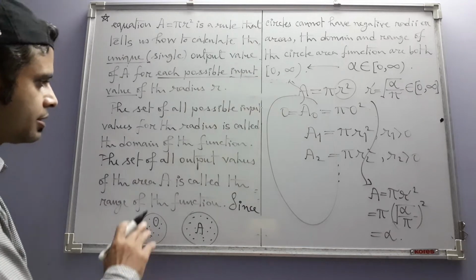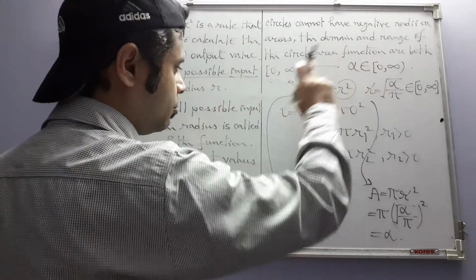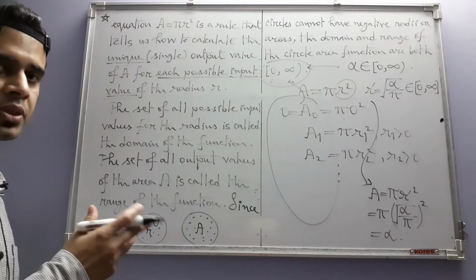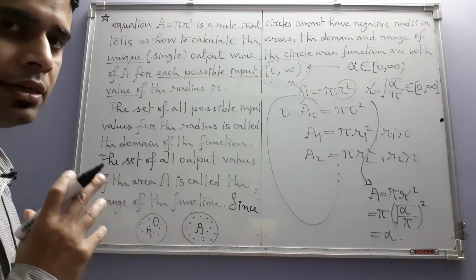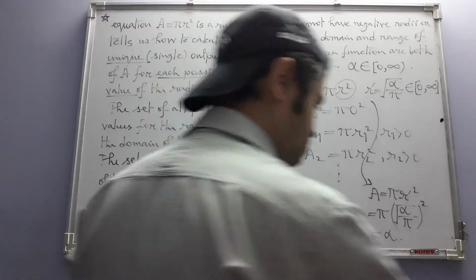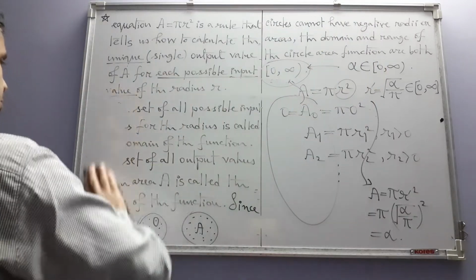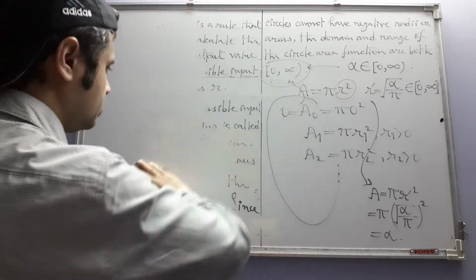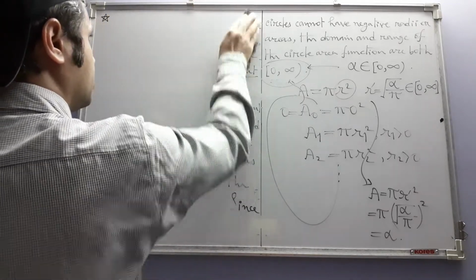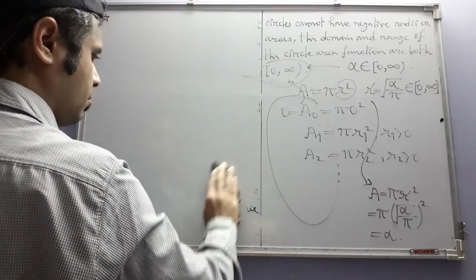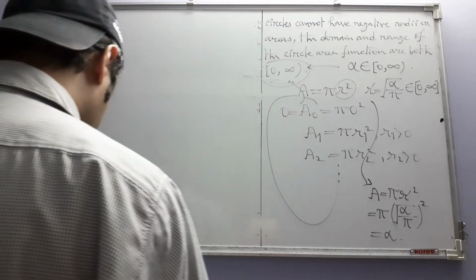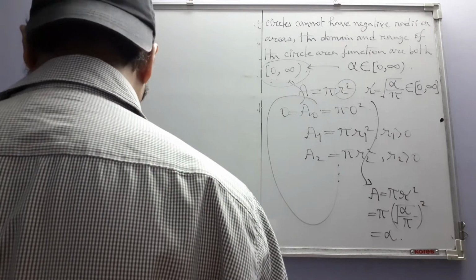That's why they are saying that both the domain and the range are equal to this interval, the set of all non-negative real numbers. Okay, so that is the notion of the domain and range of a function.